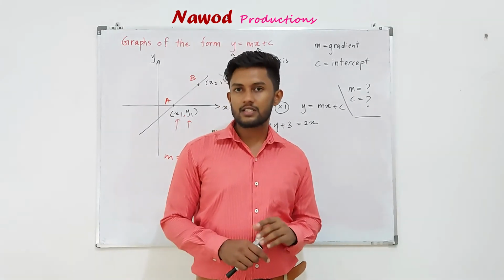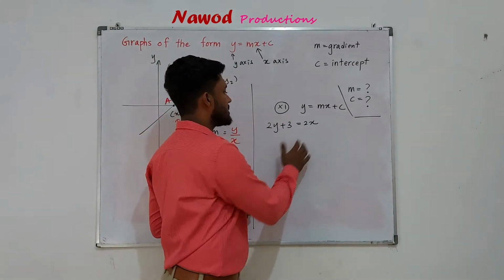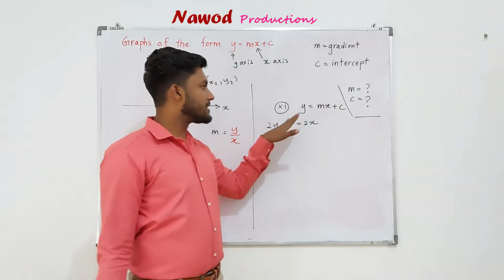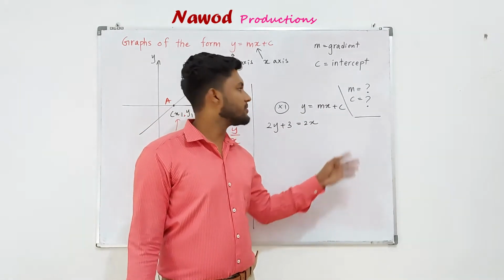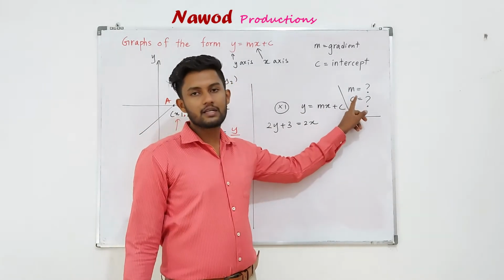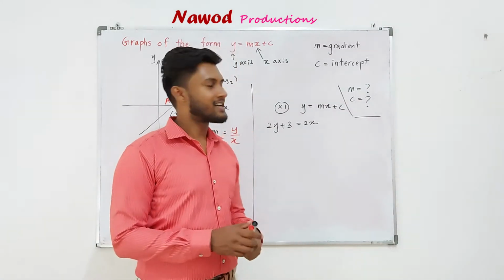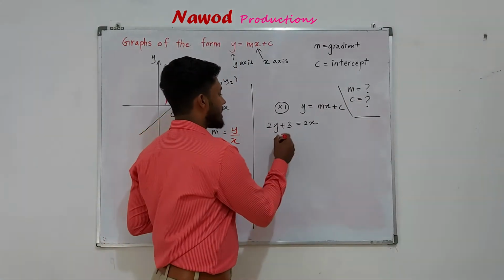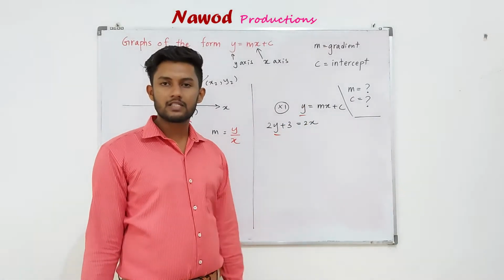Then you have an equation. You want to get it to the y equal mx plus c format, and you want to find the gradient and the intercept. Very easy, right? Yes, we'll try. Here we want to make y the subject. Normal equation is y equal mx plus c.